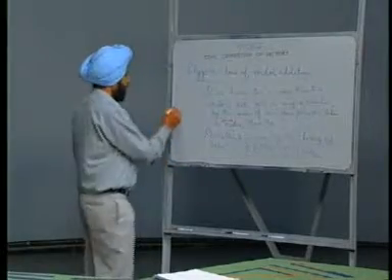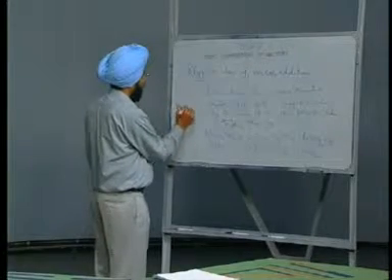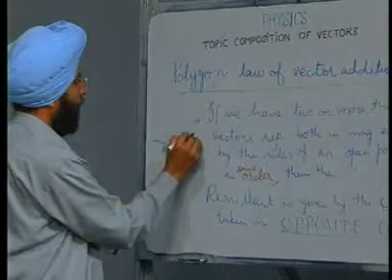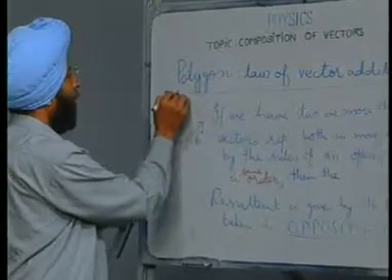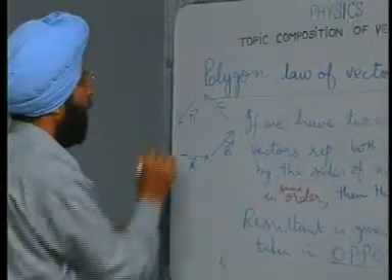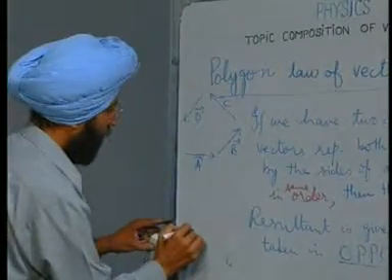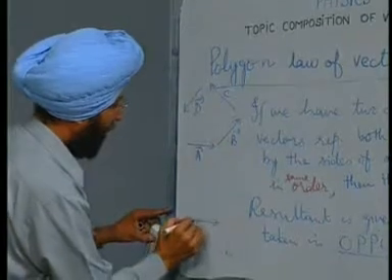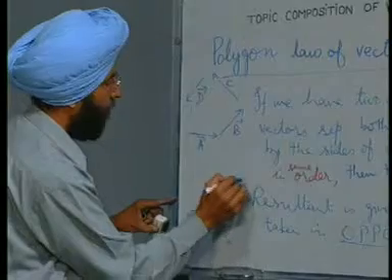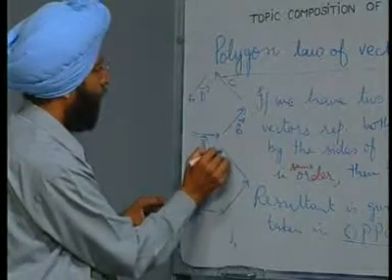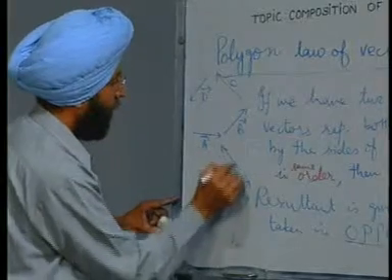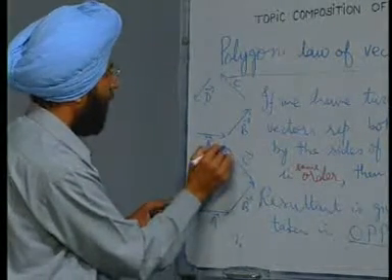So, what we mean by this is, we have a number of vectors A, B, C, D. We represent these vectors by the sides of a polygon. This is A vector, B vector, C vector, D vector.